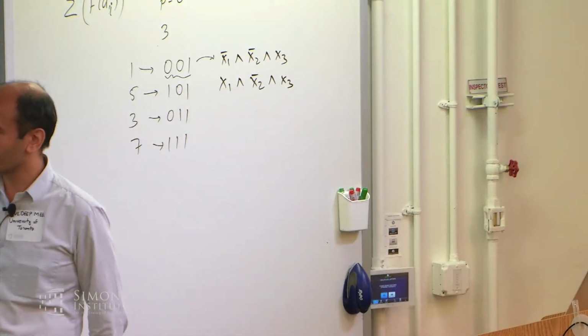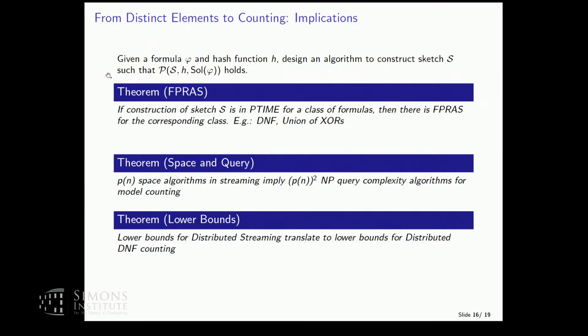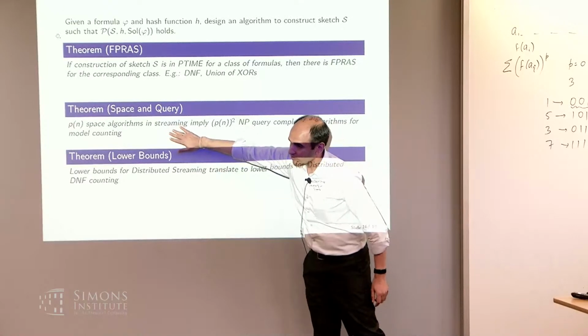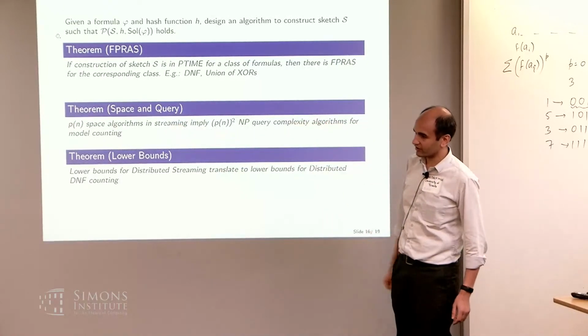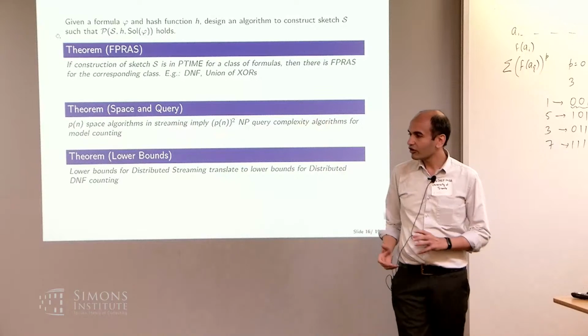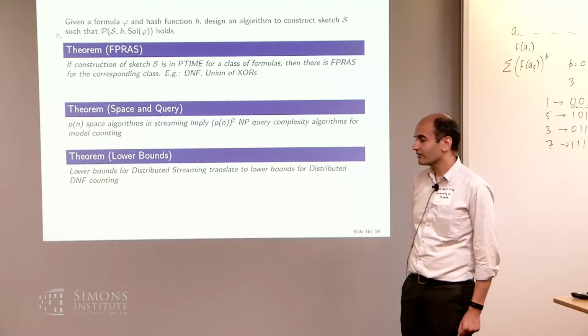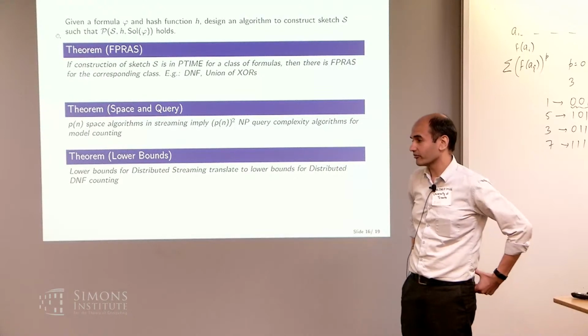And in case of counting, or in case of circuits, we often care about the query complexity or the time complexity. So the connections are between the space complexity in streaming and the time complexity in counting. Okay, so it's a trade-off between one resource in one problem and another resource in another problem. Yes. And that's what you are asking at the end about other problems.